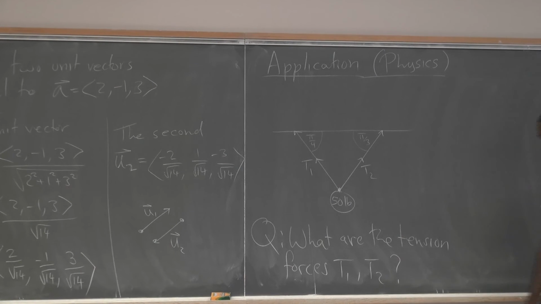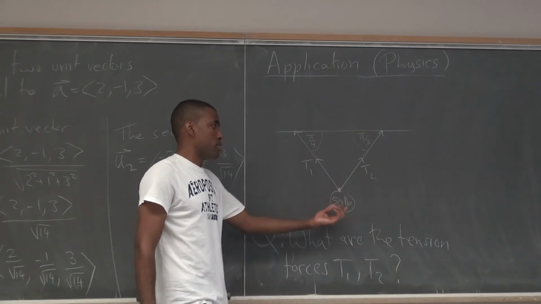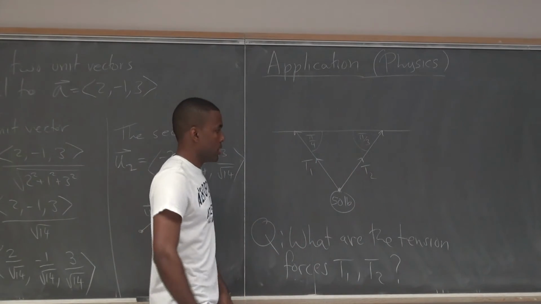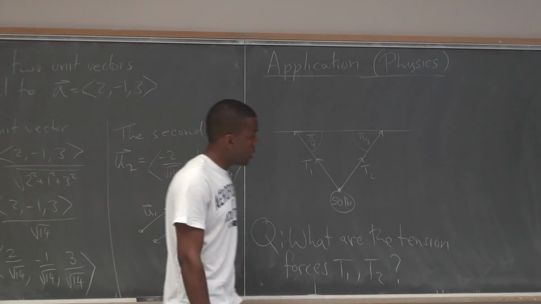So this thing is in what we call equilibrium. Obviously, if this thing was too heavy, the string would just pop and they'd fall off. But the fact that it's holding them stable, what does that mean?